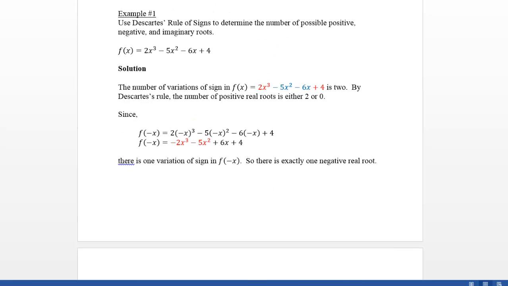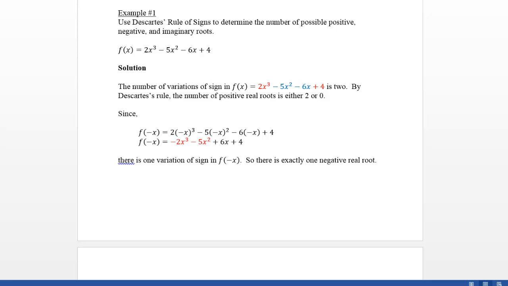If we come down to example 1, we start off with f of x equals 2x to the third minus 5x squared minus 6x plus 4. Just looking at the signs, 2x to the third is a positive number. Going from positive to negative is not a change in the sign, but negative to positive is a change in the sign.